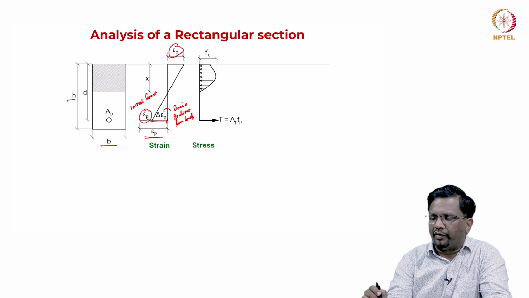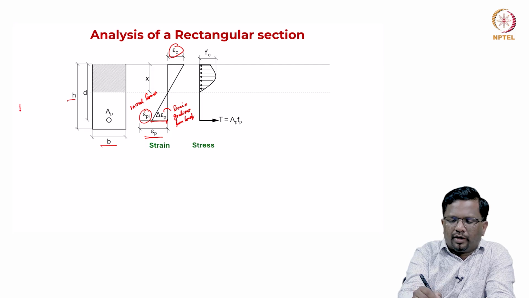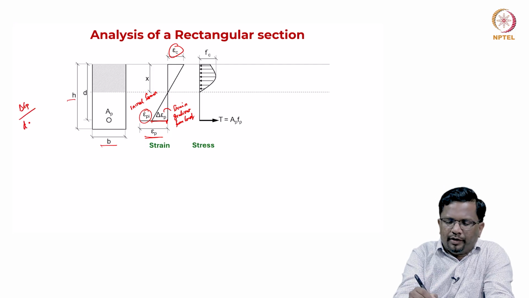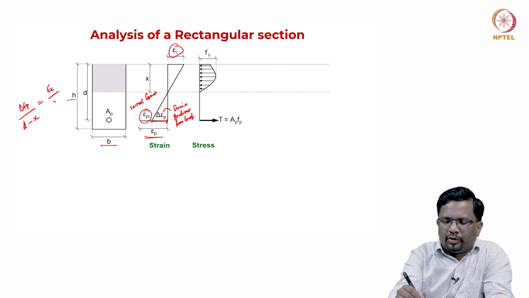Similarly, we can calculate delta epsilon p easily. How do we get delta epsilon p? From similar triangles, delta epsilon p by d minus x should be equal to epsilon c by x.